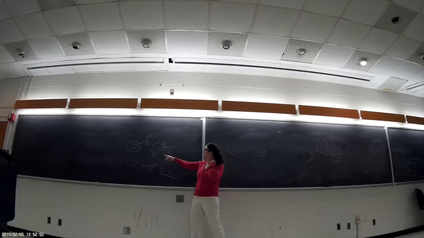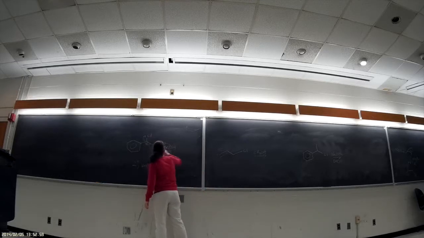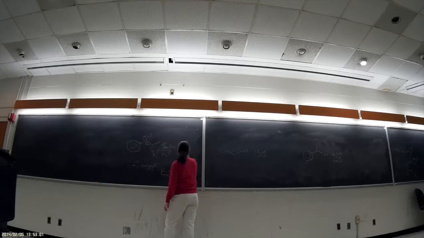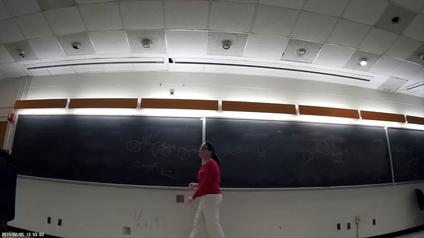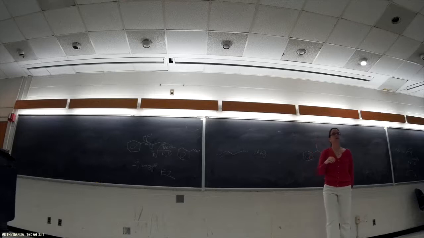Good. So, now in this case, we see push out of the leaving group, and I now get this alkene as a result of my E2 reaction. Okay? We're going to see that.